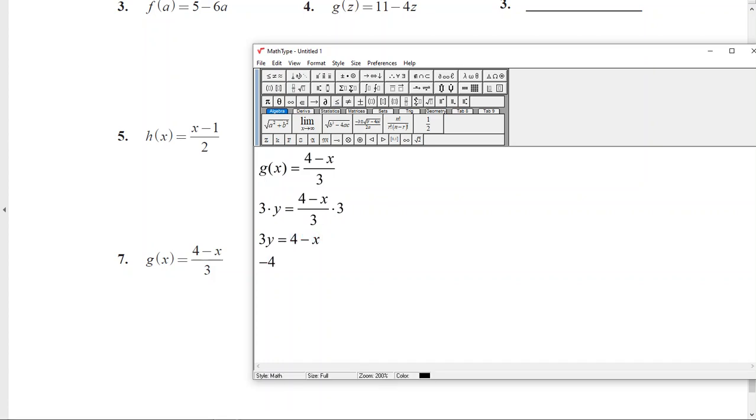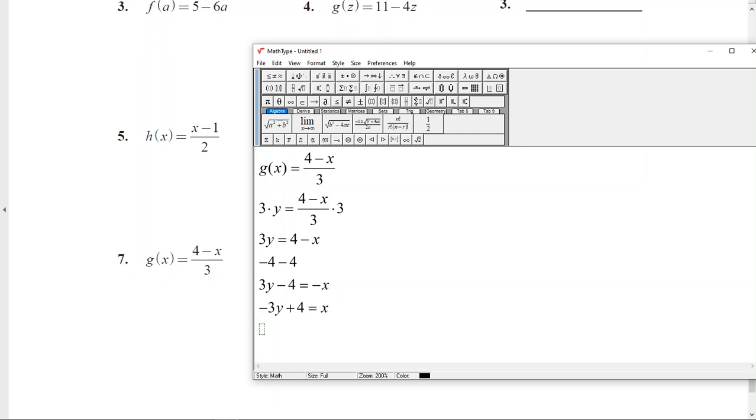So we're going to subtract 4 from both sides. And that'll give us 3y minus 4 equals negative x. Don't want negative x, want positive x. So I can divide off the negative 1 or multiply everything by a negative. So it's going to make it negative 3y plus 4 equals positive x.